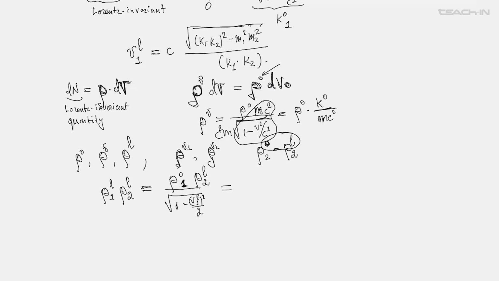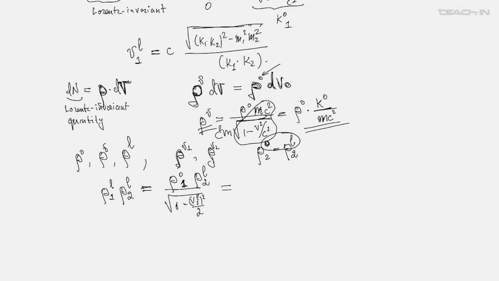Rho 2 laboratory, let's see. We have this formula here, which allows us actually to rewrite everything via rho 01 and rho 02, and this will read in the following way. So this will be, let's see how we write it.